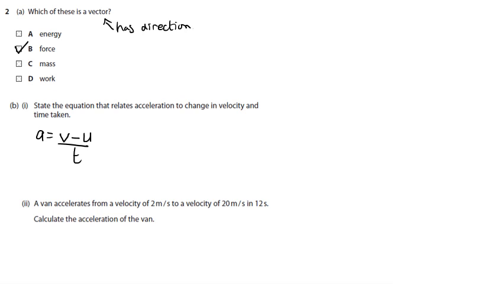So a van accelerates from the velocity of 2, so that's my u, up to a velocity, so that's the final velocity, v, and it takes 12 seconds. So acceleration is 20 minus 2 over 12, so that's 18 over 12, which is, sorry, 1.5 meters per second squared.